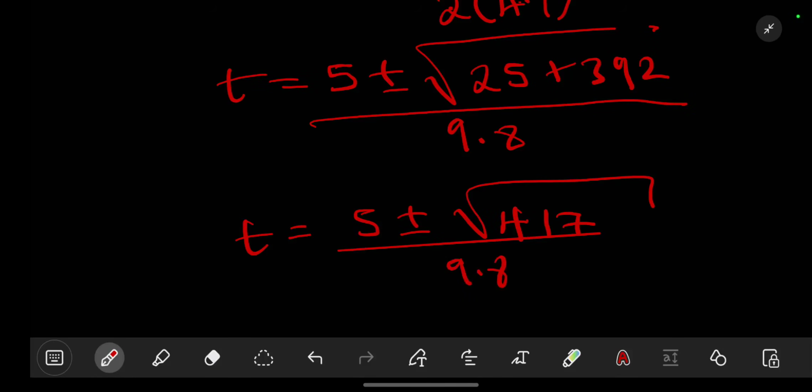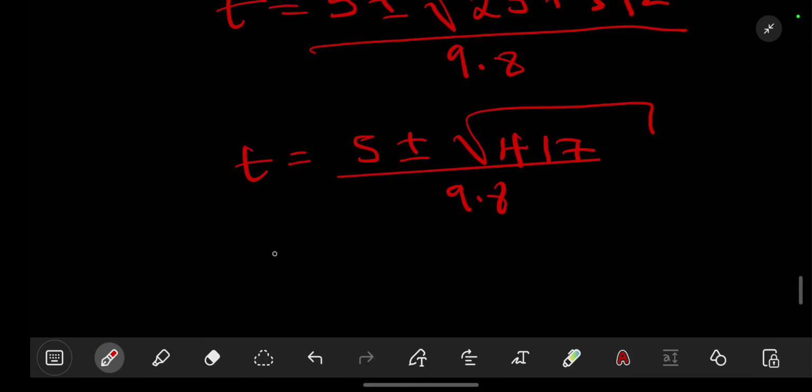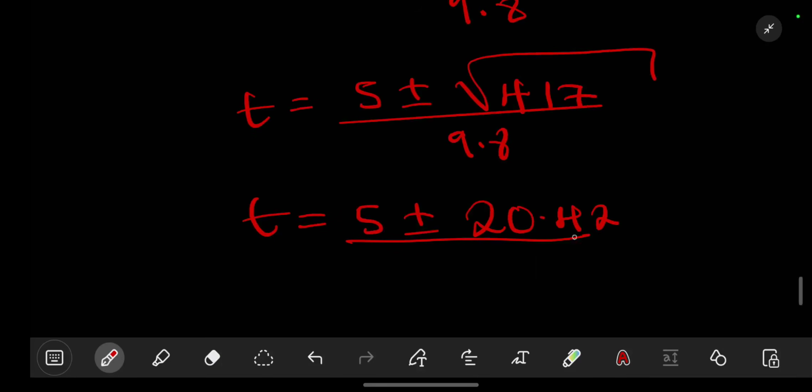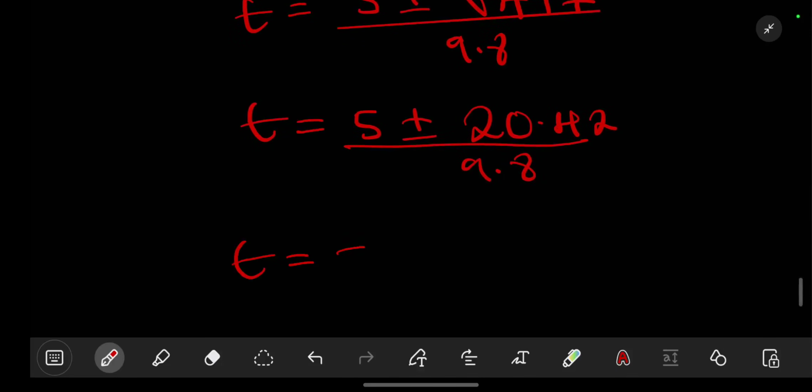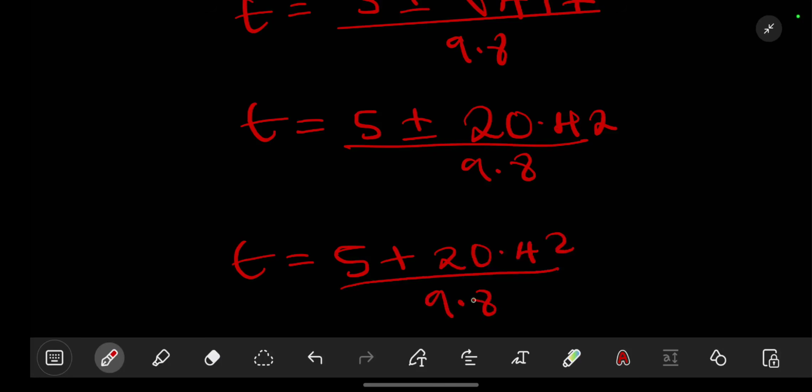So the square root of 417 is 20.4, so t is equal to 5 plus or minus 20.4 over 9.8. Now if this value is bigger, we are going to just consider the positive. So t is equal to 5 plus 20.42, since time cannot be negative, over 9.8.